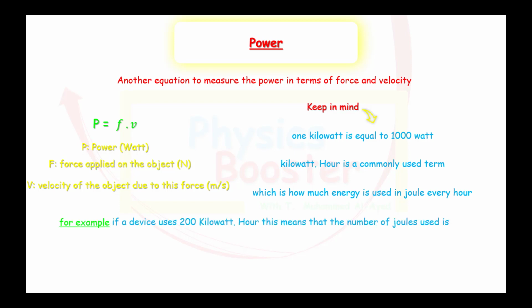So let's see, for example, if a device uses 200 kilowatt hours, this means that the number of joules will be found by multiplying 200,000 watts, because we have 200 kilowatts, which is equal to 200,000 watts, multiplied by 60 to transform the hours into minutes, and we multiply it by 60 again to transform the minutes into seconds, and we will get the amount of joules it uses every hour, which is indeed a very big number.